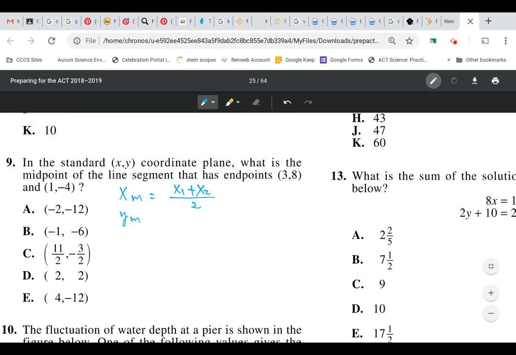And the y coordinate of the midpoint is y1 plus y2 divided by 2. So x1 is 3, x2 is 1, divided by 2 is 2. And y1 is 8, y2 is -4, divided by 2 is 2. So your answer is D, 2 and 2.